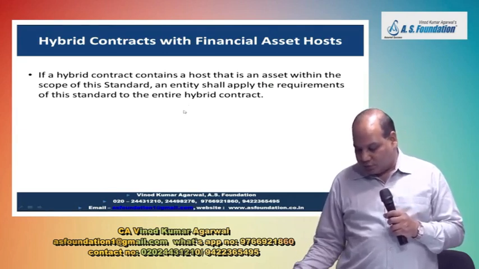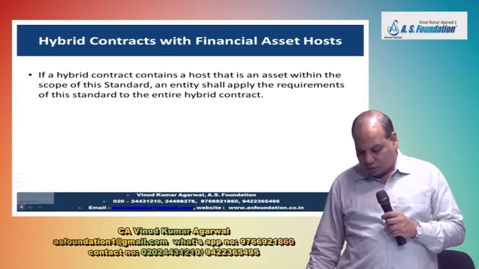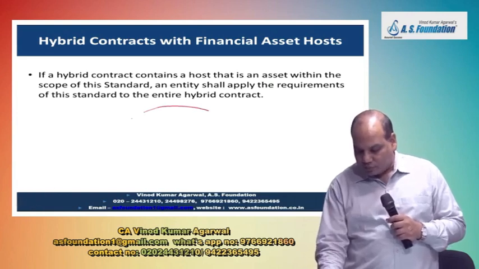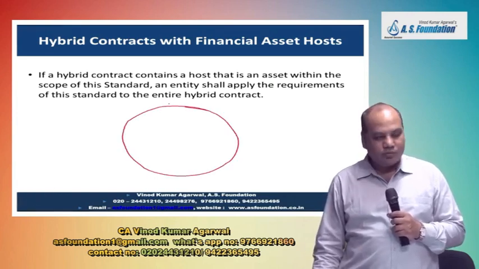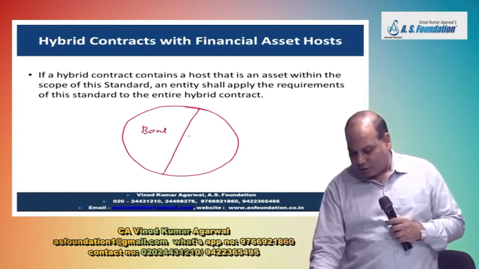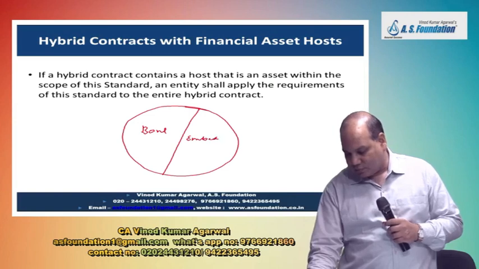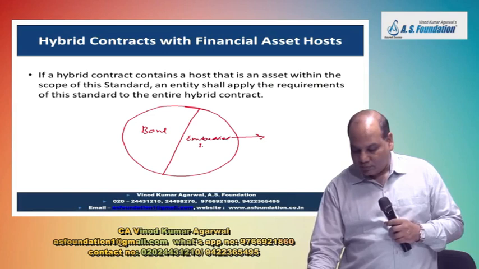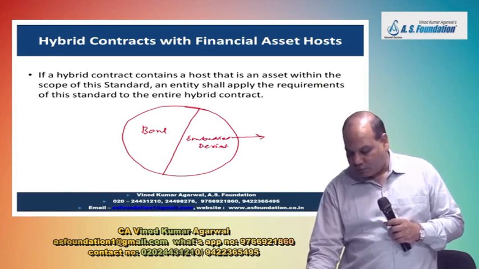So what will the entity do? Suppose this is a bond. It contains an embedded derivative also. So the embedded derivative will be separated and accounted as FVTPL.